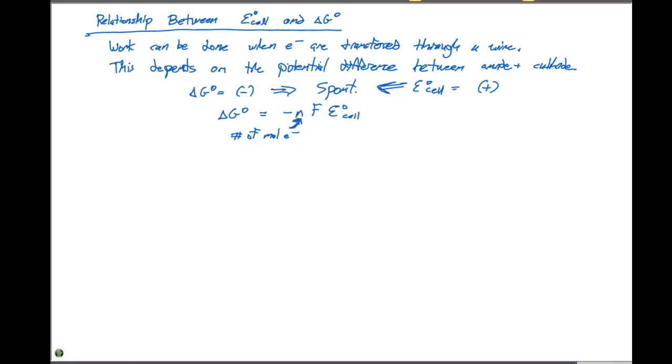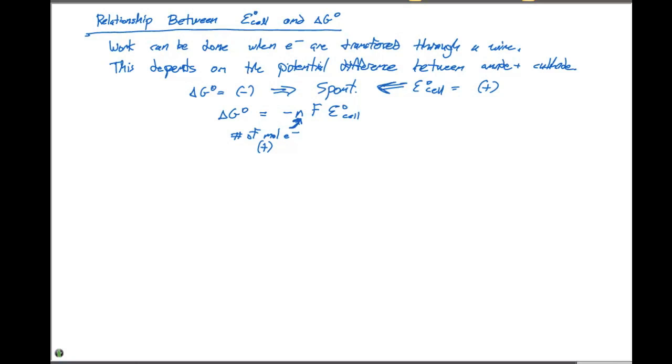Where this comes from in a particular balanced chemical reaction is the number of electrons that we cancel out on the reactant and product side. So N is going to be a positive integer. It's going to be the number of moles of electrons. And I'll indicate here that this is always going to be positive.